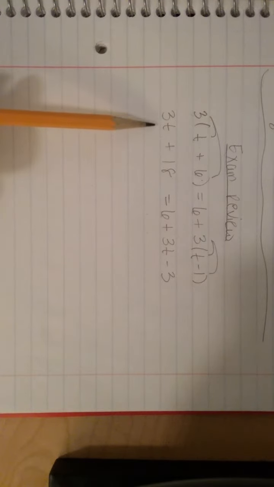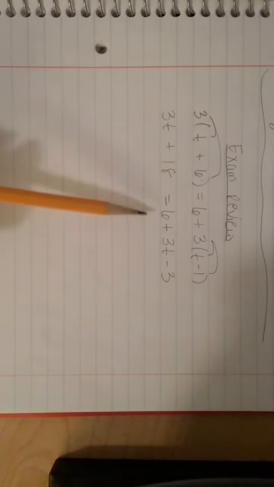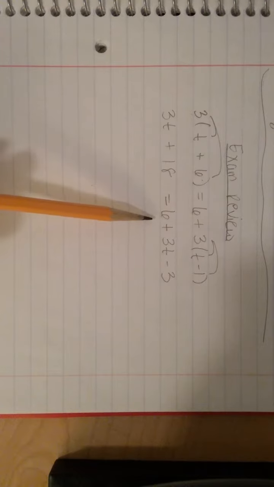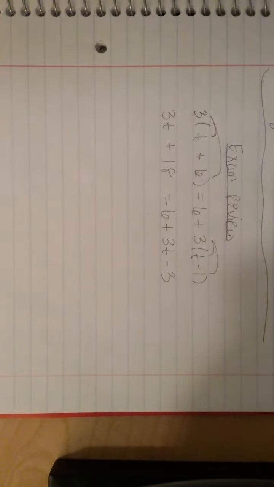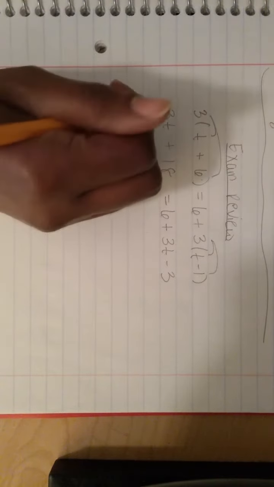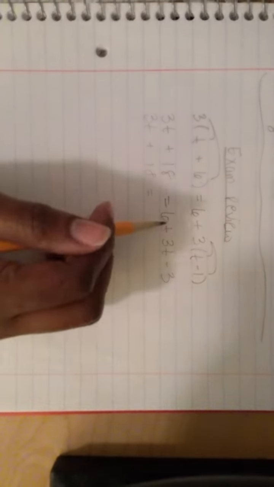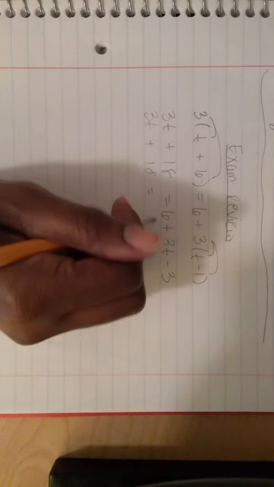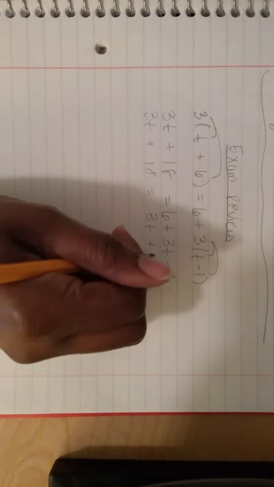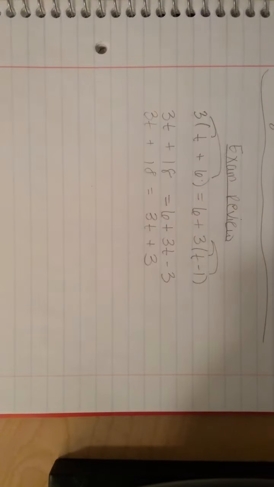This one has a variable of t, this one does not. Here we have two constants, 6 and negative 3. So 3t plus 18 equals 6 minus 3, which is a positive 3.